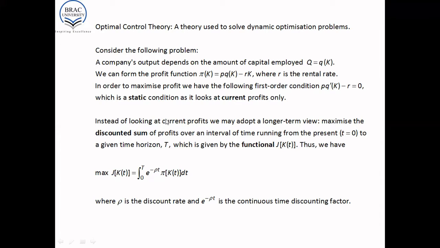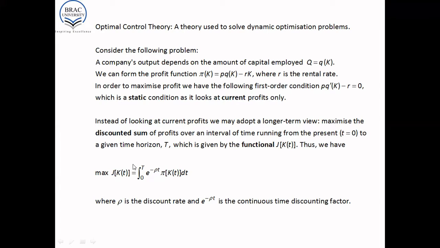Now, instead of looking at current profits, we may adopt a longer term view. So we could maximize the discounted sum of profits over an interval of time running from the present, t equals 0, to a given time horizon, capital T, which is given by the functional J[k(t)].